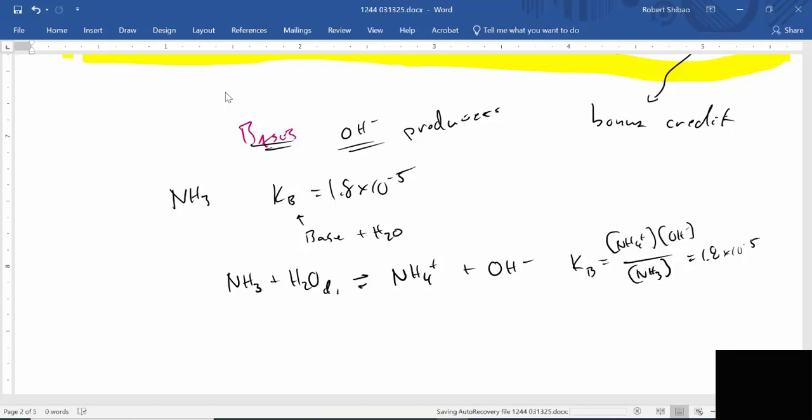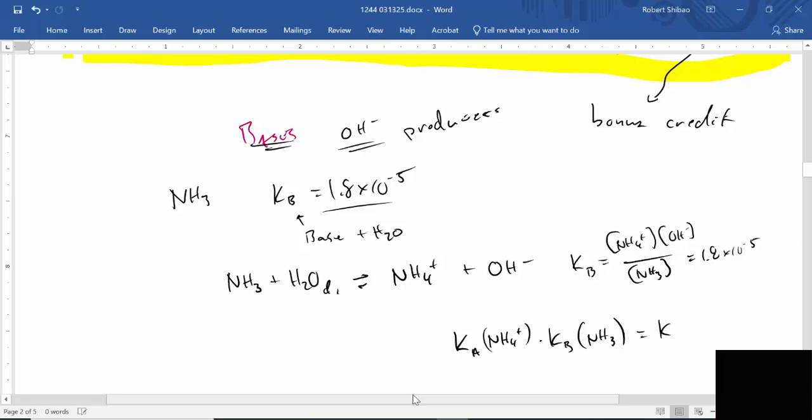The next thing is, where did this 1.8 times 10 to the minus 5 come from? Because when I look at that table, it is a Ka table. Are we missing a Kb table? And what you find out is there's really no Kb table because there's a conjugate relationship. I'll just state it: the Ka for the conjugate acid, which is ammonium, times the Kb for ammonia is equal to Kw.